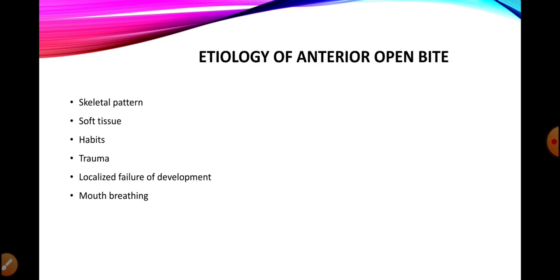Now I'll be talking about the etiology of anterior open bite. Why anterior open bite? Because the etiology of anterior open bite and the etiology of the posterior open bite differ. So we will be talking about the etiology of anterior open bite and posterior open bite separately.